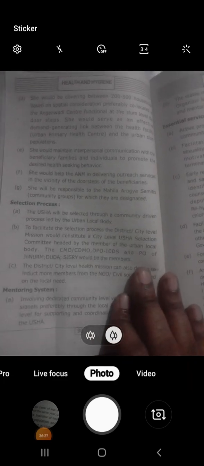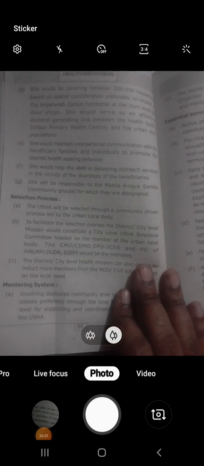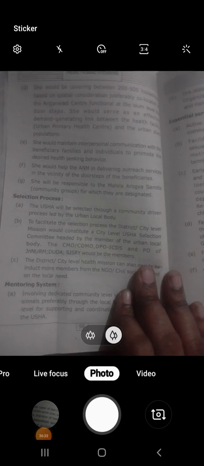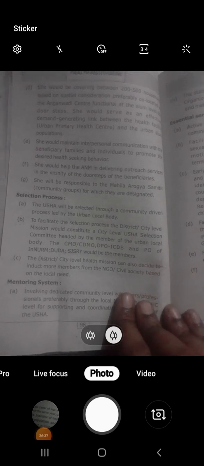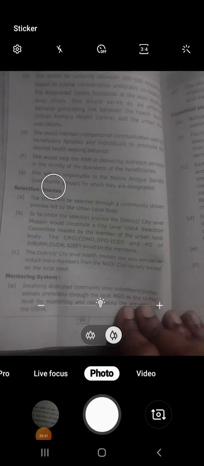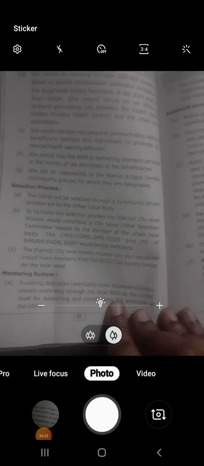Coming to the selection process, she will be selected through a community process by the urban local body. The district city level mission will be selecting this ASHA. For the mentoring system, there will be volunteers and professionals through local NGOs.